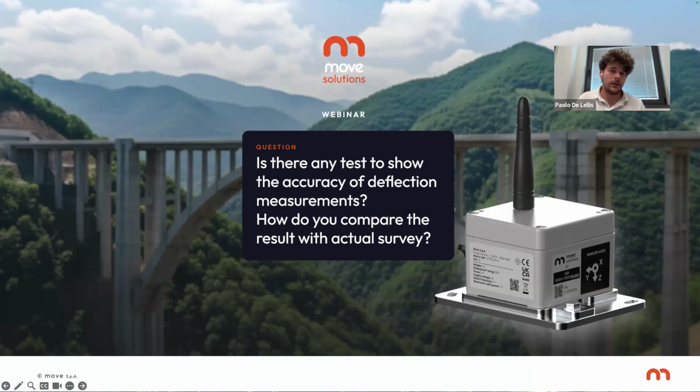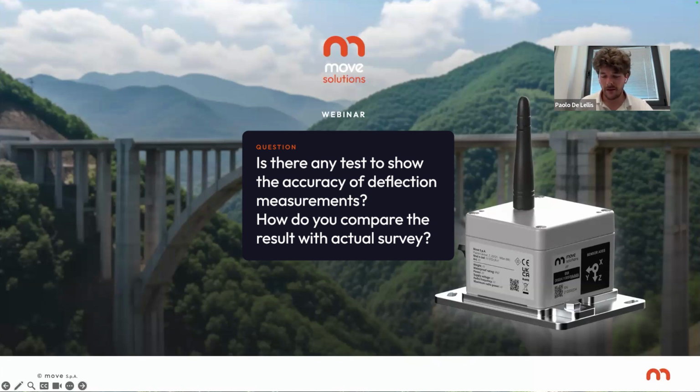And our customers use this sensor in combination, of course, with, for example, the total station. It is a common question to give you an idea of the accuracy compared to the normal data that you obtain with the total station.